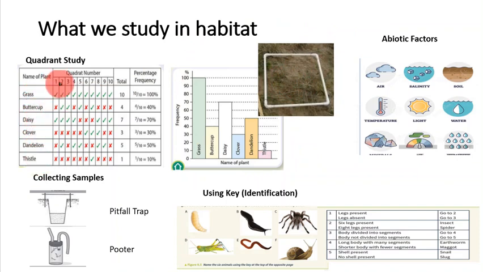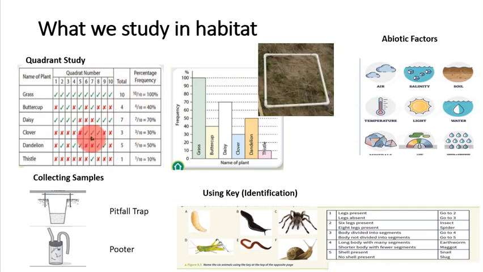For example, if we look in quadrat 1, we can see that grass is present, the buttercup was not present, the daisy was present, the clover was not present, the dandelion was not present, and the thistle was not present. Then the person moved on to the second quadrat and carried out the same, third quadrat, fourth, fifth, sixth, and seventh. So they were able to study different sections within the habitat.